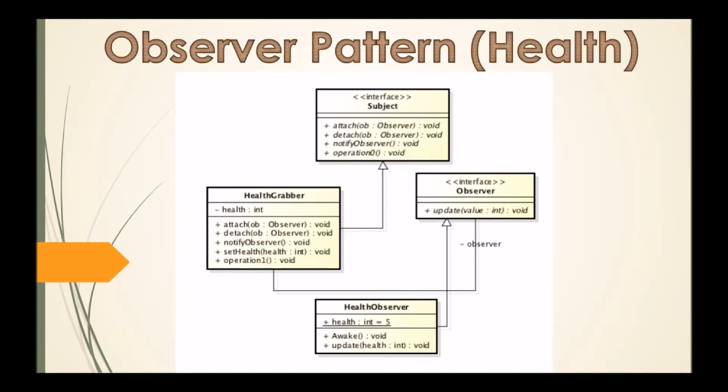So here is the observer pattern I have implemented for the health of player. So these are the 4 classes involved in this health observer pattern. A subject is an interface which contains the method to be implemented by concrete subject, and here is an observer, and it contains the methods which need to be implemented by health observer.